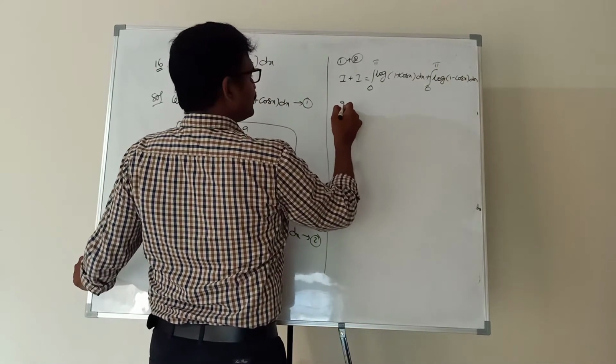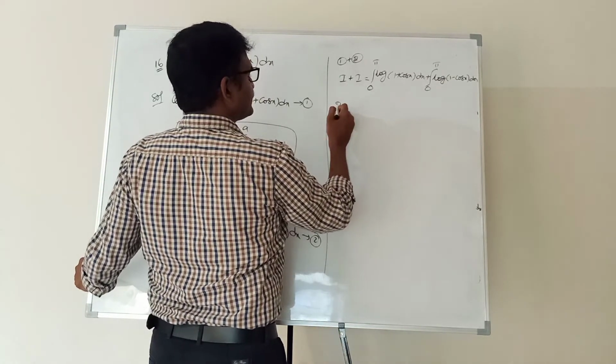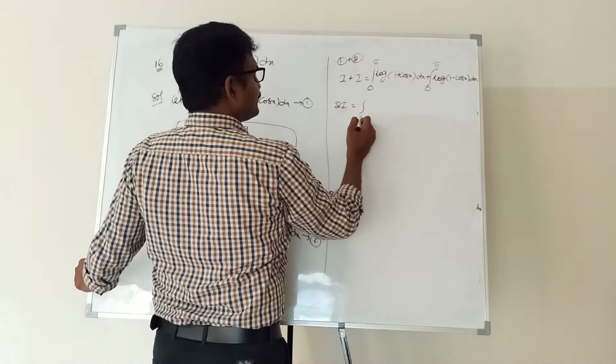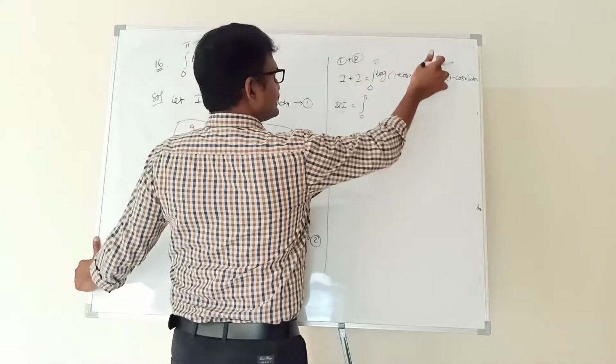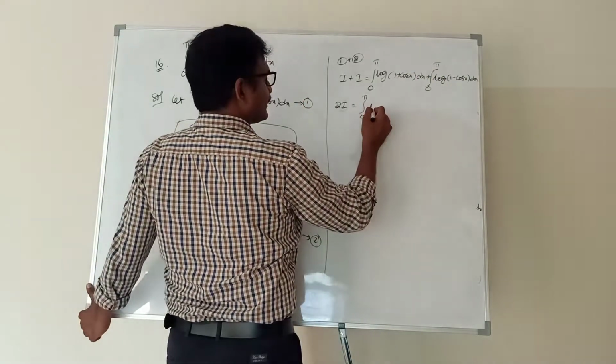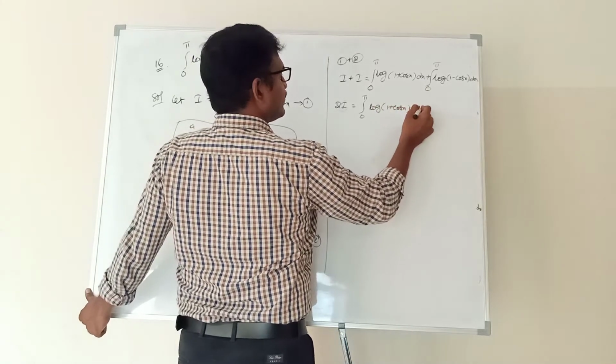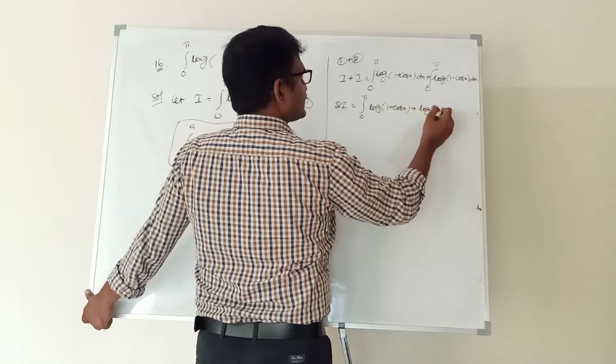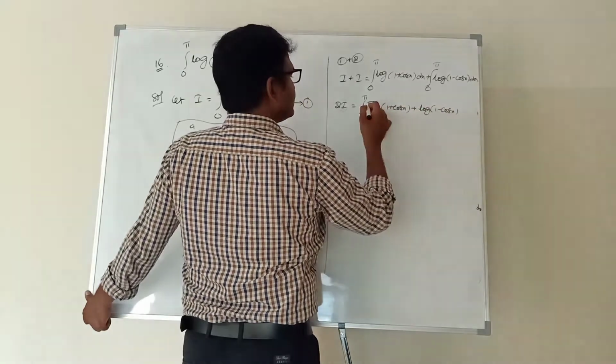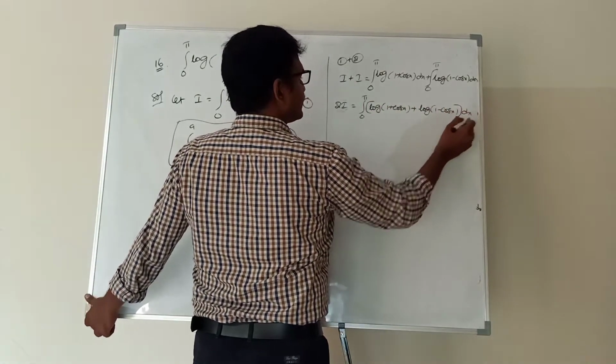So 2I is equal to the integral from 0 to pi; taking the integral common, we can write log of 1 plus cos x plus log of 1 minus cos x dx.